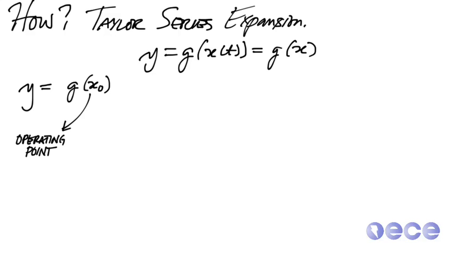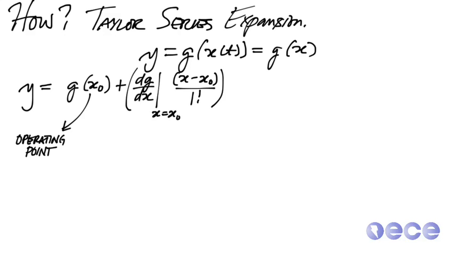And if we want to know the value of y at other places, we've evaluated it once at x0. But now we add to that the derivative of g with respect to x, evaluate the derivative at x0, and then we multiply it by the difference x minus x0 divided by 1 factorial.